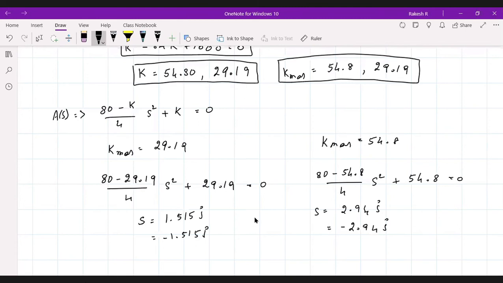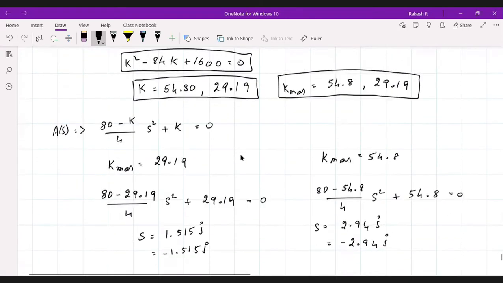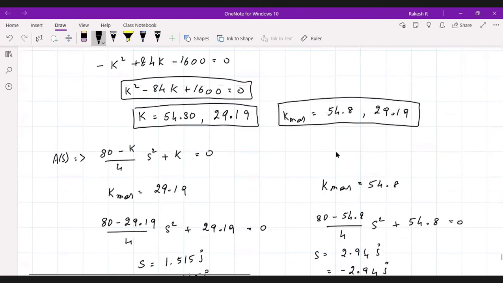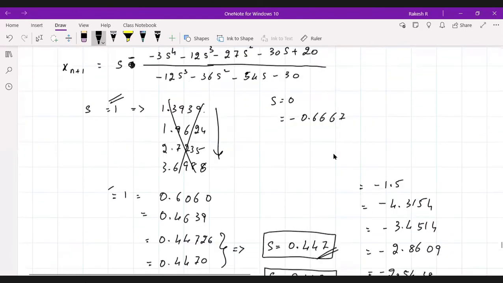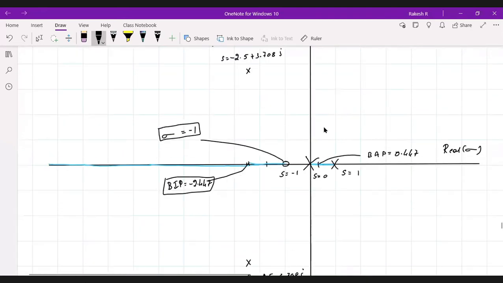So what you need to do is mark these in the s plane now. This is 1.515j here, and similarly this is minus 1.515j here.